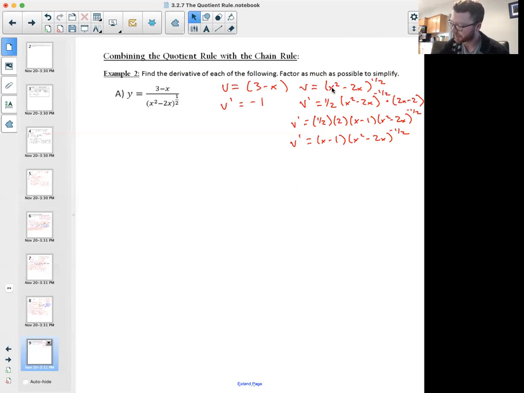Okay, so now that we have our v prime and a u prime, we can solve for y prime. So the quotient rule, v times u prime minus u times v prime over v squared.